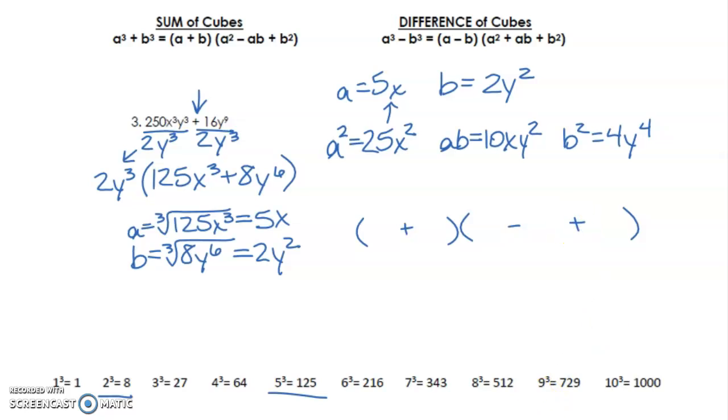And a plus b, in order a squared is 20 squared times 10x, b squared 4.